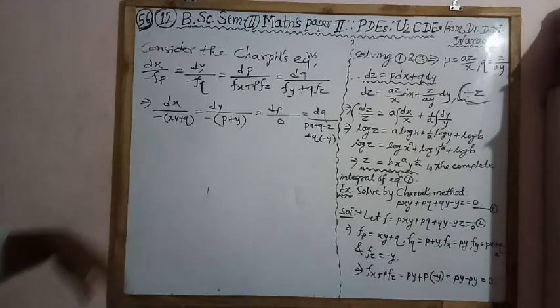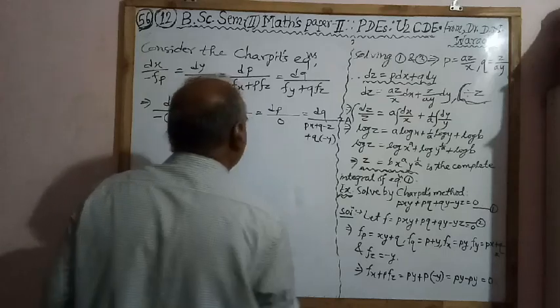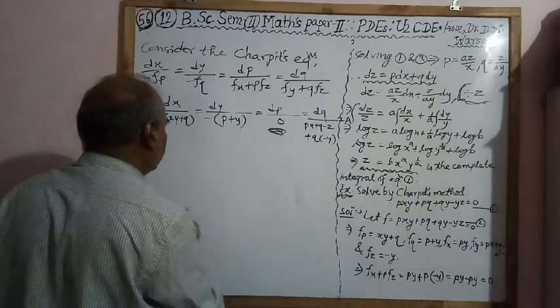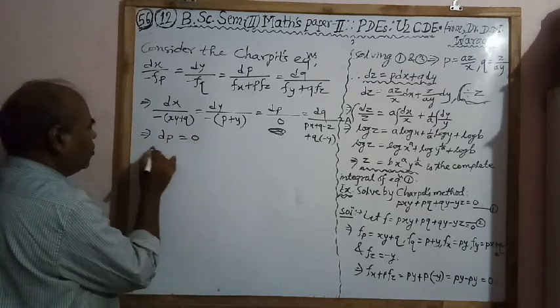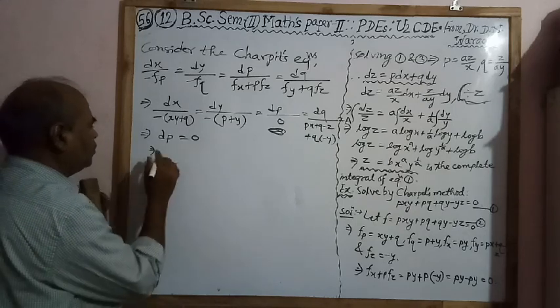Now here we consider all the ratios equal to a. Therefore from this ratio, dp upon 0 equal to a, therefore dp equal to 0. Therefore we have p equal to a, constant.